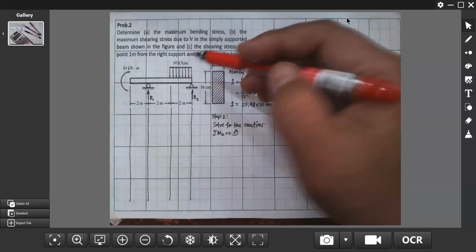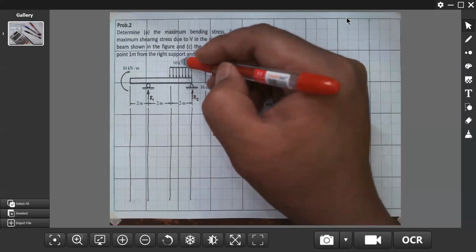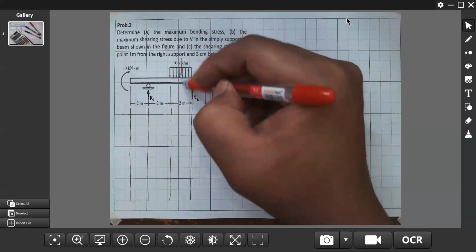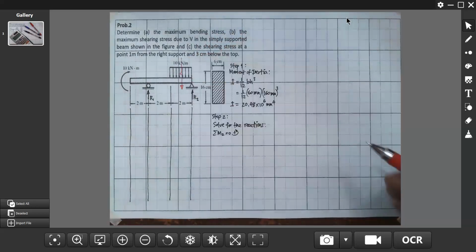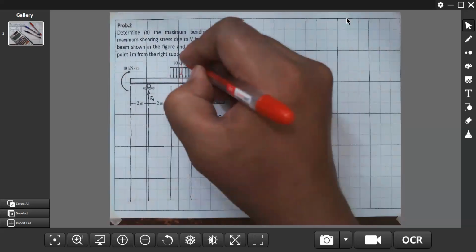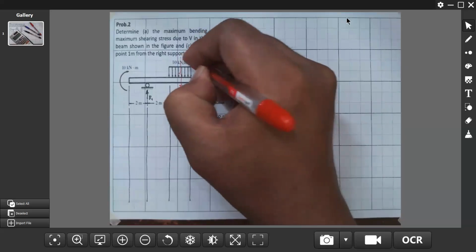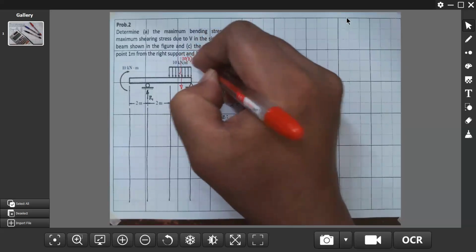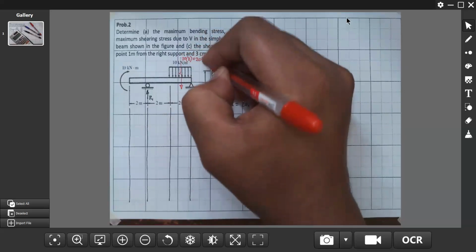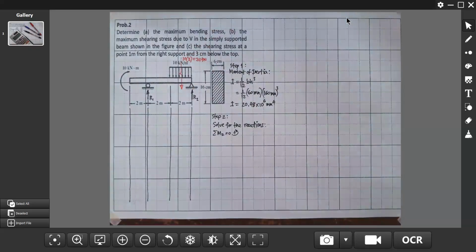For the uniform load, you get the resultant, and the resultant is 10 times 2, so that's 20 kilonewtons.